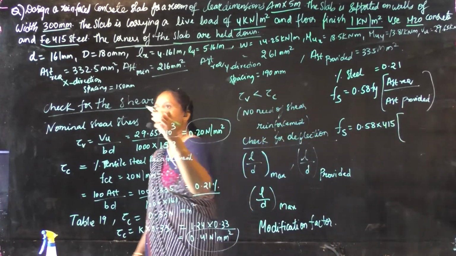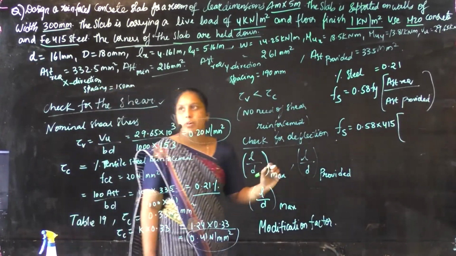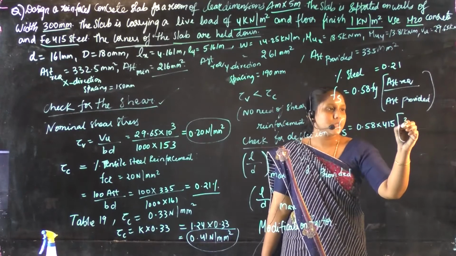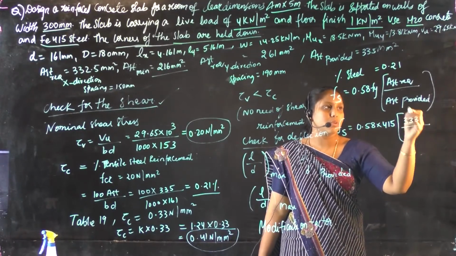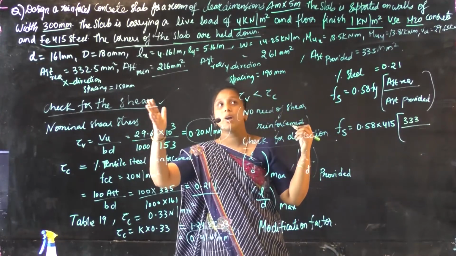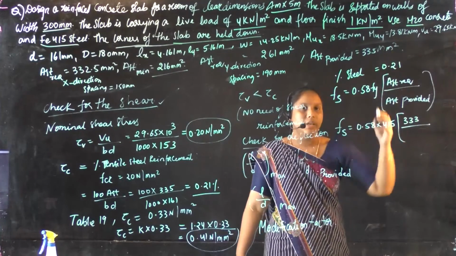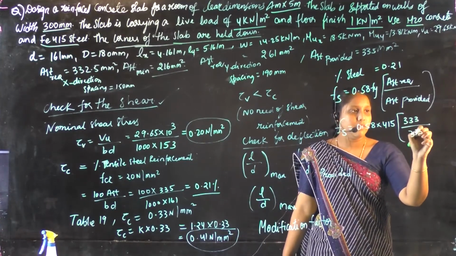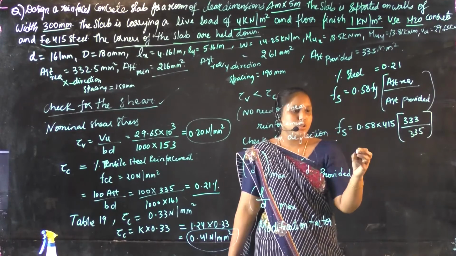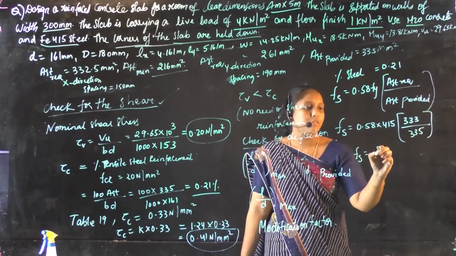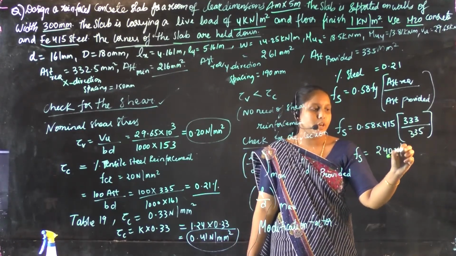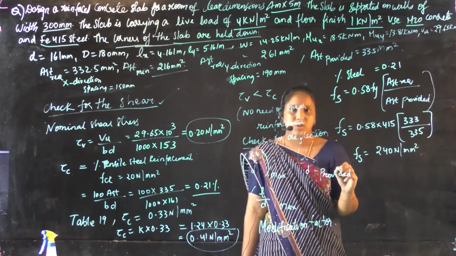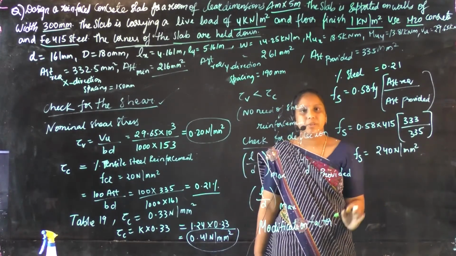What is the AST required here? It is 332 mm square, approximately 333 mm square, divided by the AST provided. We have calculated the AST provided also. It is 335 mm square. If you solve this, you will get a value of approximately 240 Newton per mm square. So this is the Fs value and this is the percentage of steel.